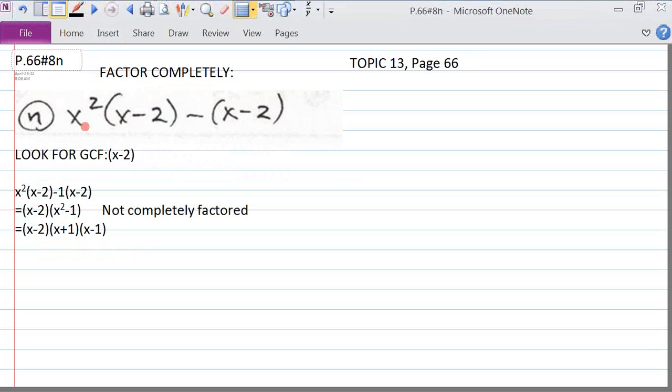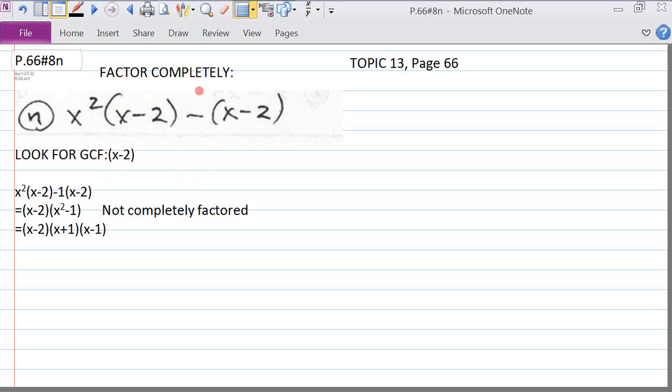So the last problem we're going to do here is to factor out. In this case, you can see that you could factor out x minus 2 because it's common to both. X minus 2 is in this term, and x minus 2 is in that one. So if you factor this, you can rewrite this as x squared times x minus 2.